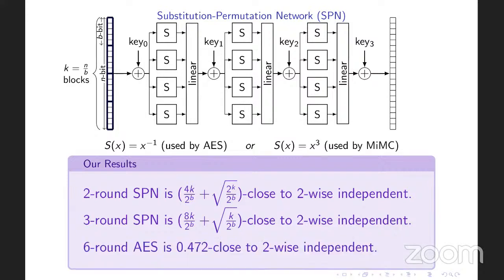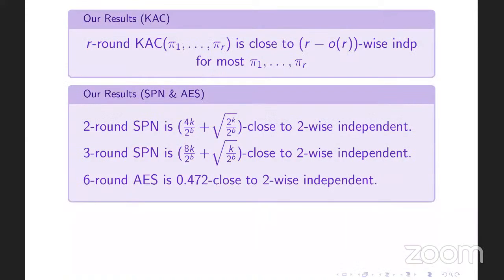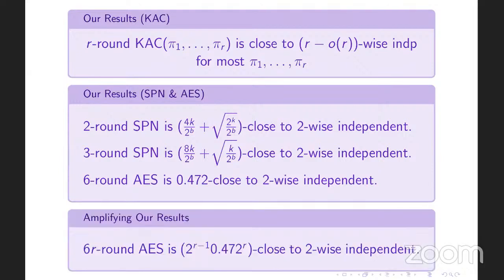We also show that 6-round AES, so the extra AES round, with no idealization at all, is also close to 2s-wise independent. So these are our main results. They can be easily amplified because the distance is smaller than a half. So for example, for AES, by increasing the number of rounds, AES will be exponentially close to 2s-wise independent.